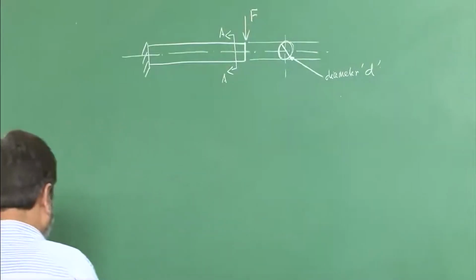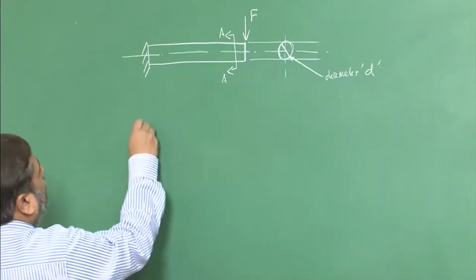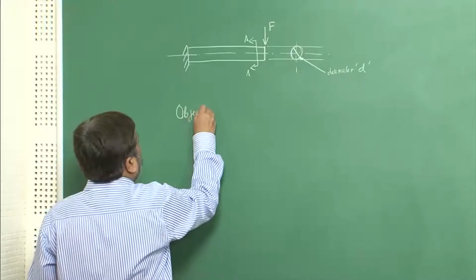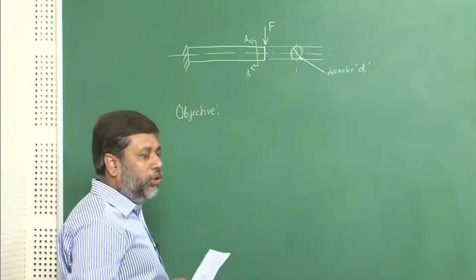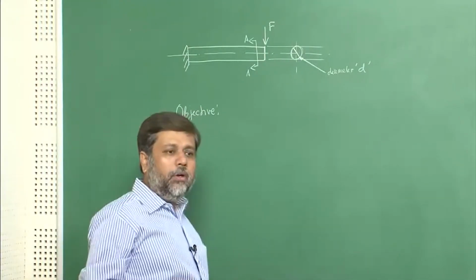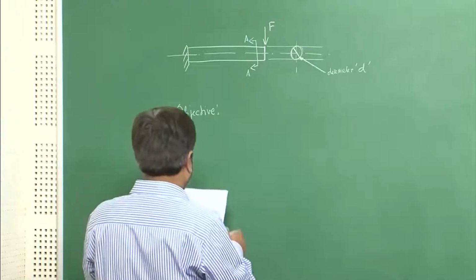Our objective today is somewhat different from the last class. Now, we are not bothered about the deflection, but we are bothered about the strength, that the cantilever should not fail.